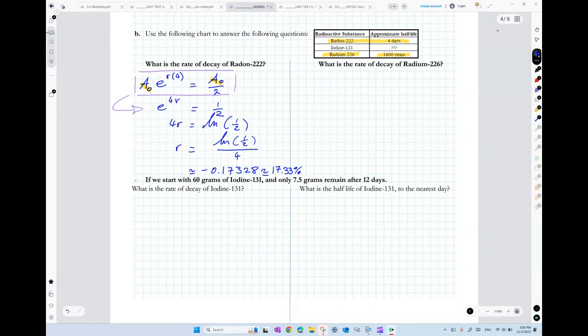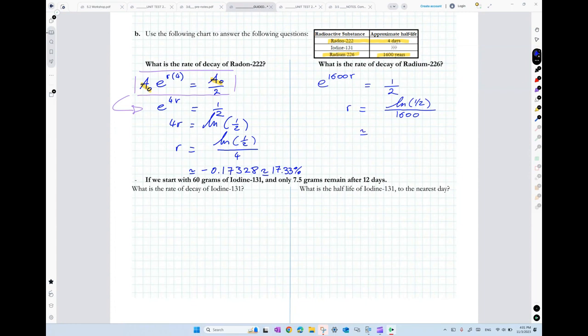So I've got base e of the half-life times the rate, which will be equal to 1/2, which means that r would be the natural logarithm of 1/2 divided by 1600.